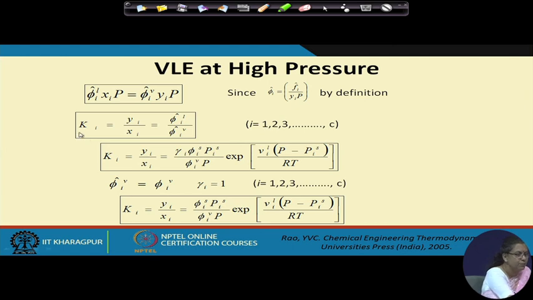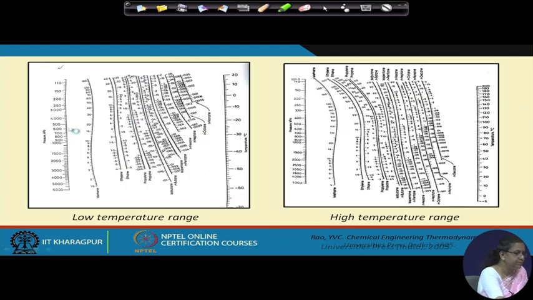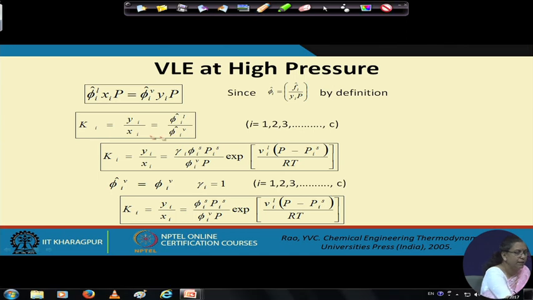we try to express Ki in terms of yi and xi, and we find that this Ki accounts for the non-ideality in the liquid phase and the non-ideality in the vapor phase.